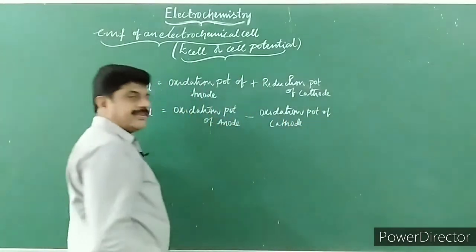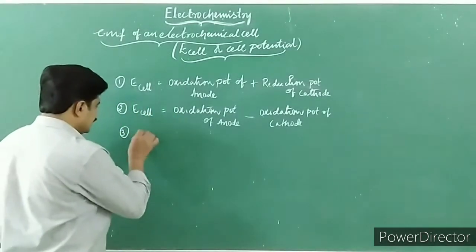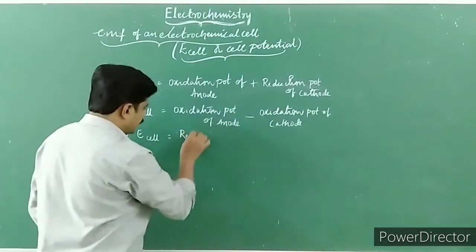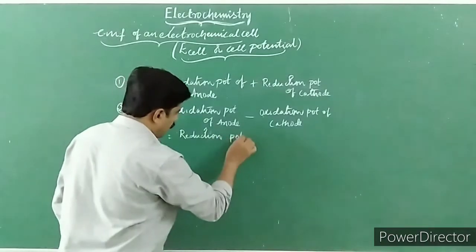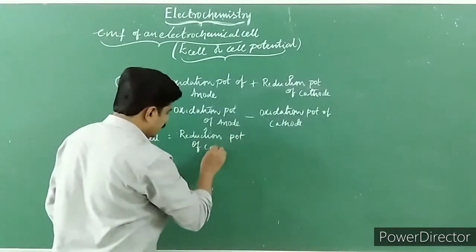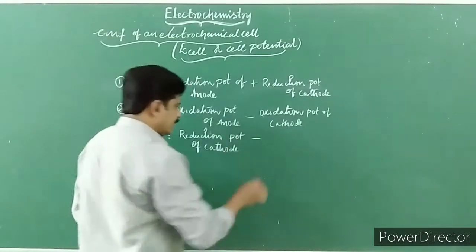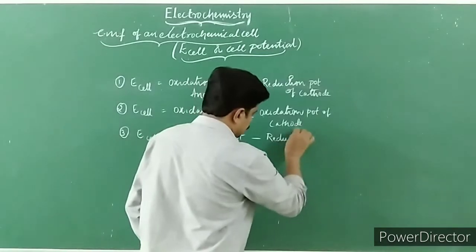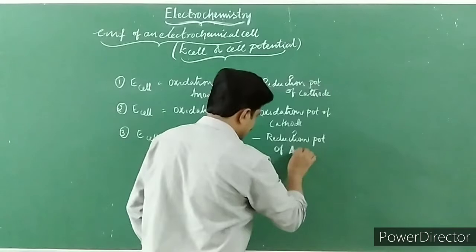And the third method, which we are using very frequently, that is E cell is equal to reduction potential of cathode minus reduction potential of anode.